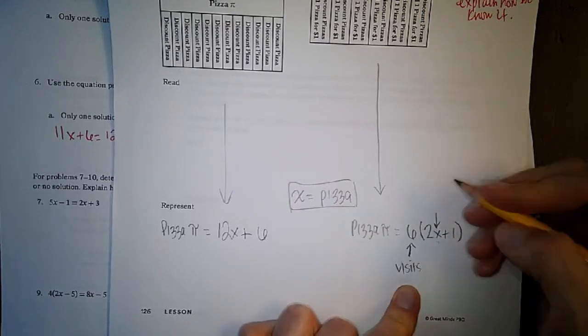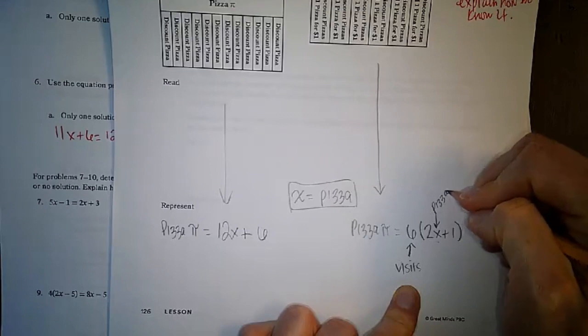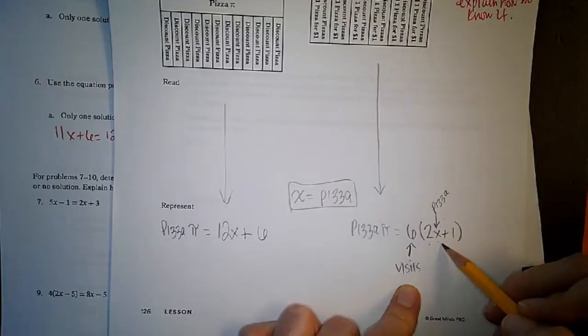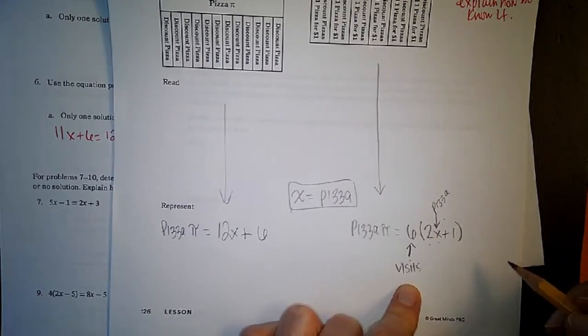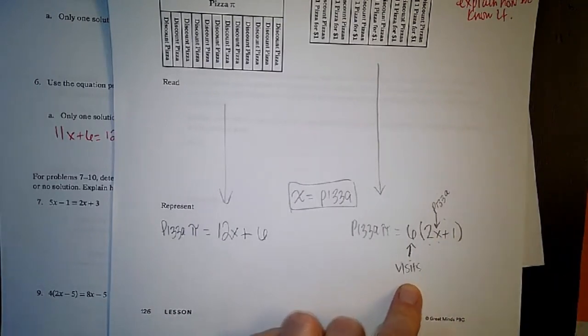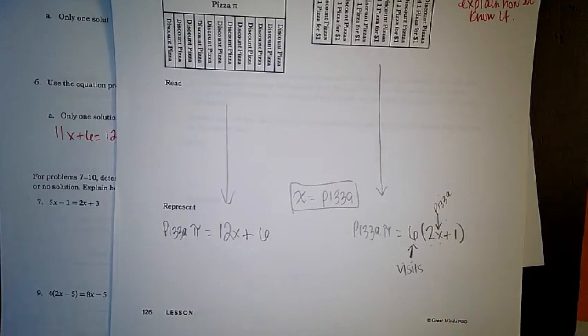And they said that you can get 2 of those pizzas, and then it says that you can get another pizza for what? It says you need what? How much is the pizza? $1? Okay.